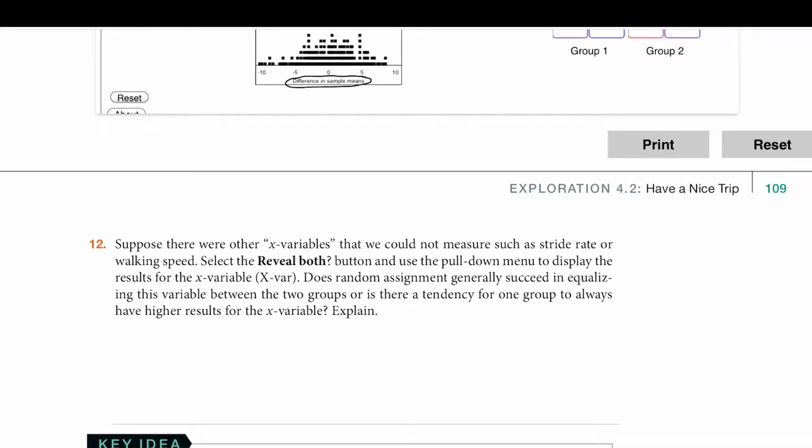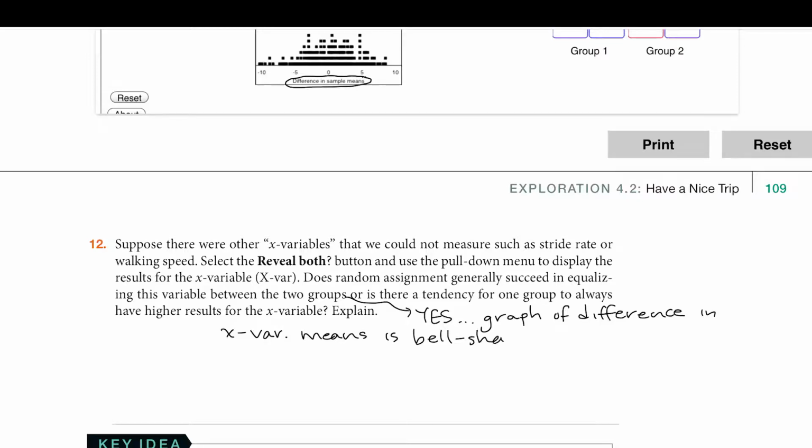Okay, so does random assignment generally succeed in equalizing the variable between the two groups? Yes. Graph of difference in the x variable means is bell-shaped and centered at 0.